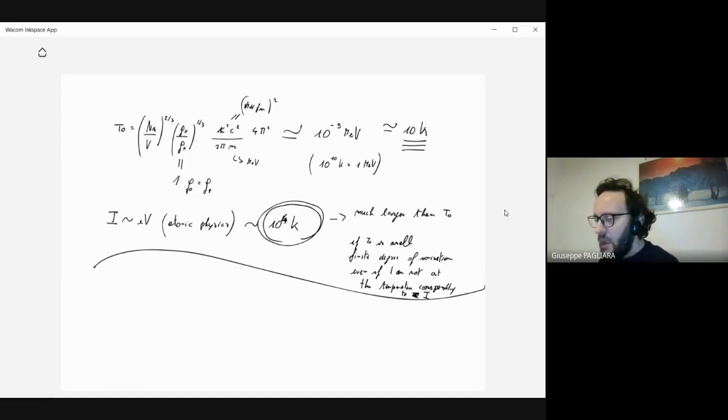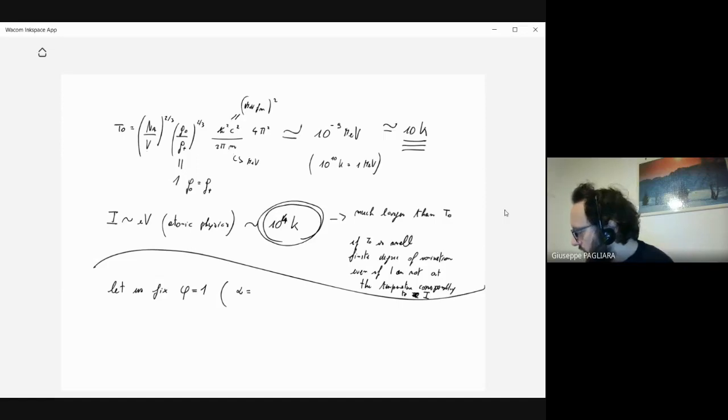Indeed, to make this calculation a little bit more sensible, in order to fix the scale, let's put phi equal to 1. In this case, for the formula that we had before, the degree of ionization, if phi is equal to 1, is of the order of 70%, 0.7 in this case. Okay.